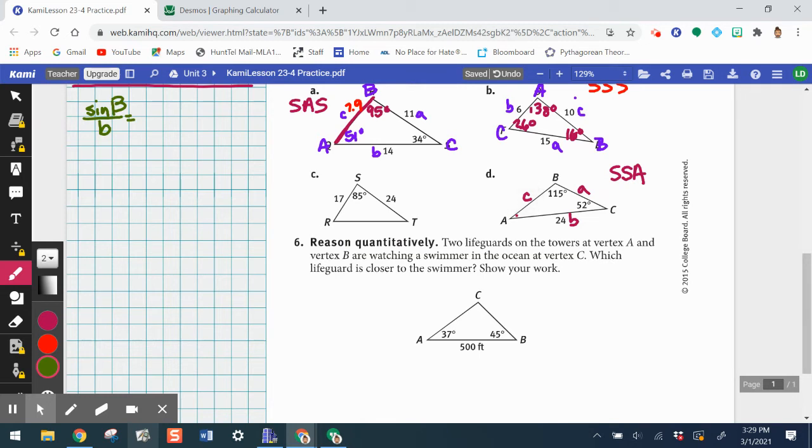Although it would be rather simple for us to go ahead and find the measure of angle A, considering all 3 of these angles will add equal 180. So we can do that initially if you would want to pursue that route. So find the measure of angle A, I'll just do that work here. 180 minus 115 minus 52.